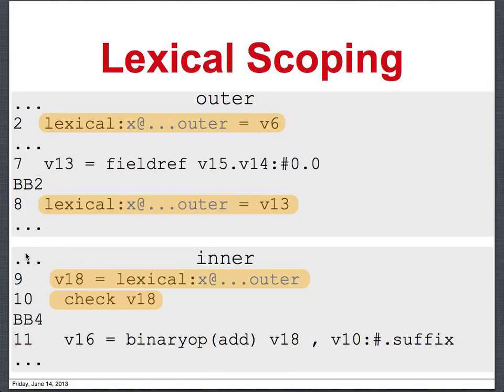So for example, here in the outer method, when you see the variable x, we have a couple of assignments to x outside, and down here we have a read of x. And essentially you can see lexical x at outer is effectively going to be treated like a heap location, so you'll get the obvious conservative data flow to the read.